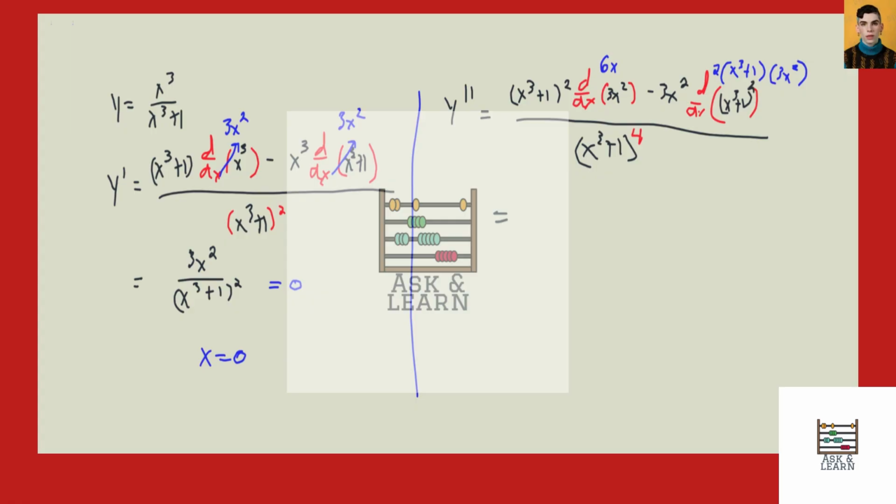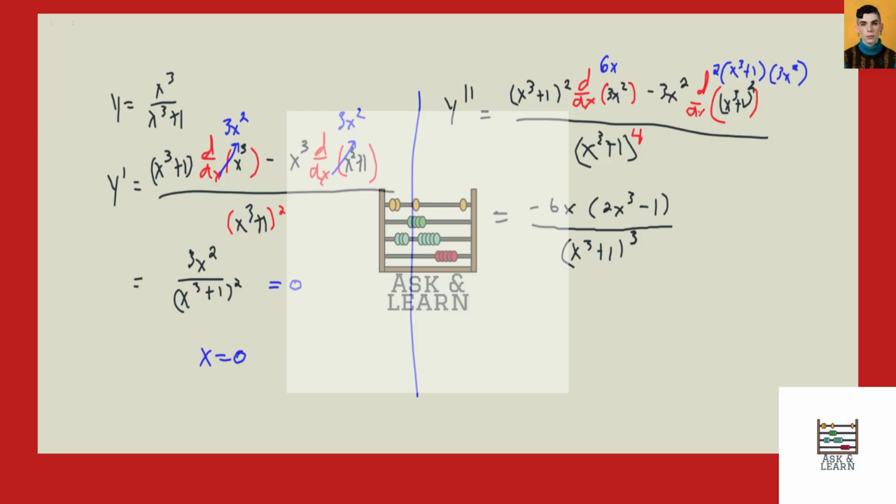All right, now simplifying all that algebra there, we should end up with negative 6x times 2x cubed minus 1 all over x cubed plus 1 squared, cubed.